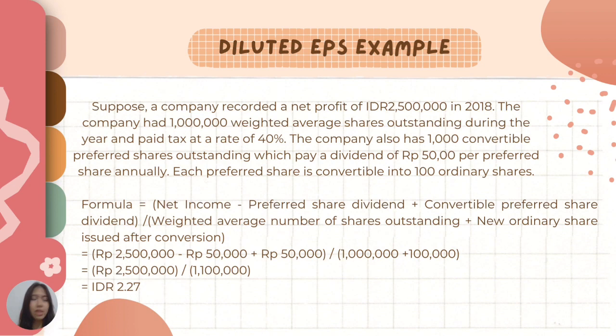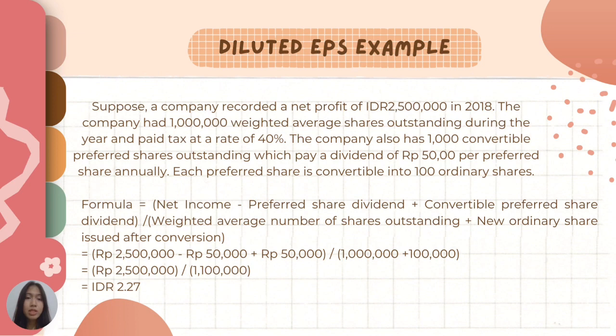Next, we have the diluted EPS example. Suppose a company recorded a net profit of 2,500,000 rupiah in 2018, and the company had 1 million weighted average shares outstanding during the year and paid tax at a rate of 40%.